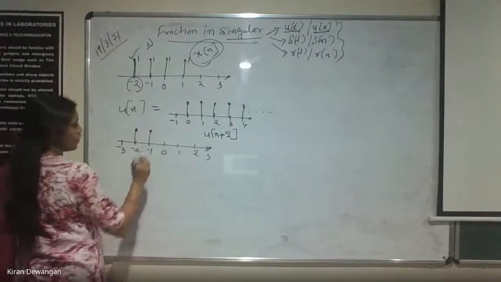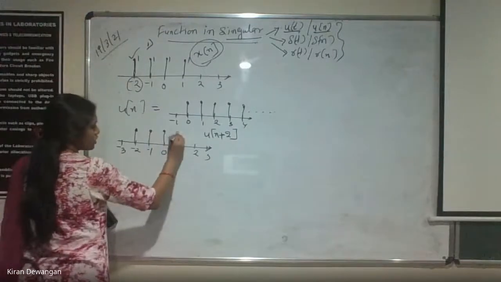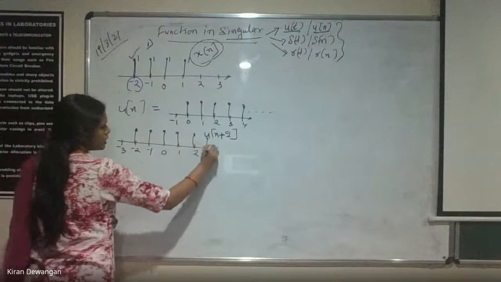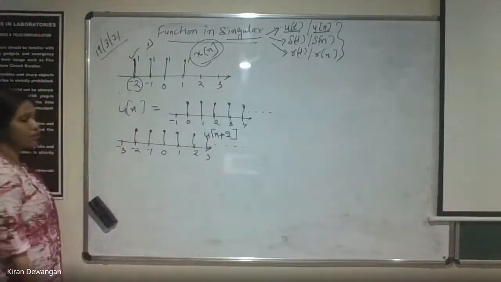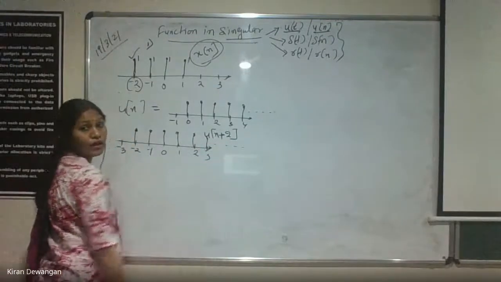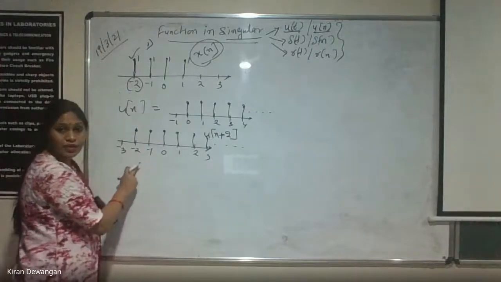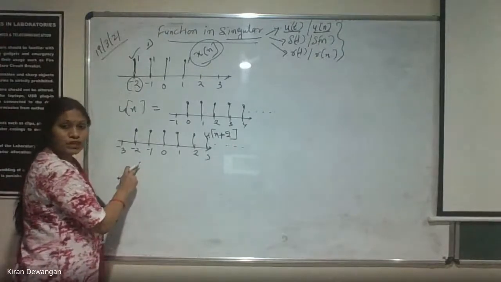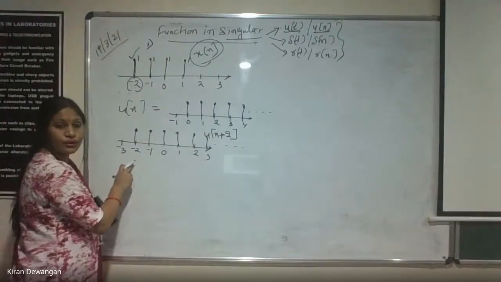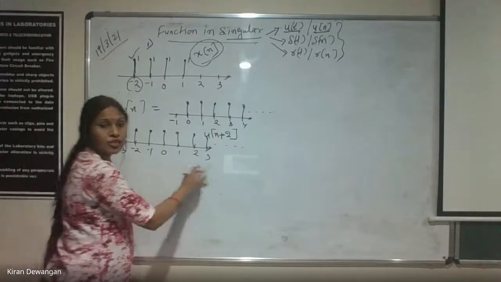It will start from -2 and it will proceed in this direction. This is going to be my u of n plus 2. Is this clear? ये u of n plus 2 होगा, ये समझ में आया? This one is clear, right?